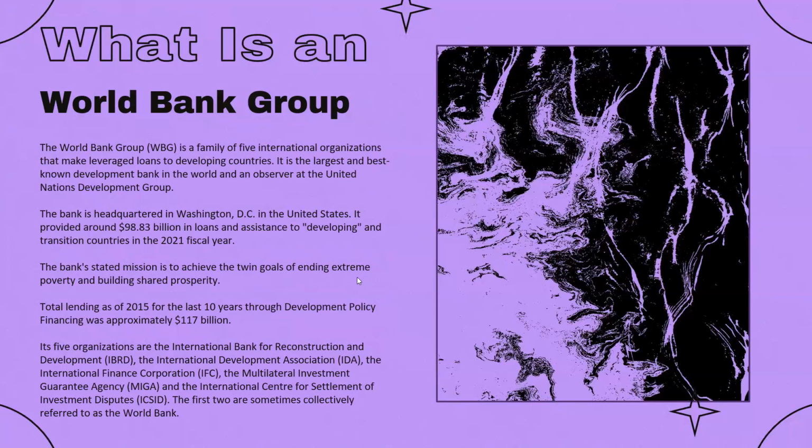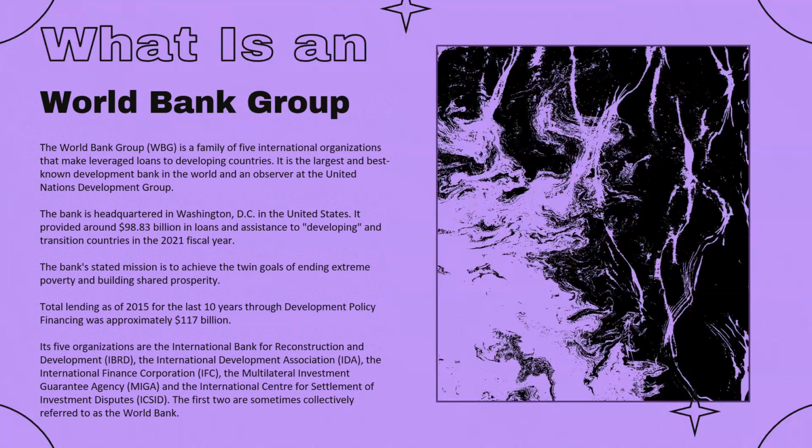World Bank Group, or WBG, is a family of 5 international organizations that make leveraged loans to developing countries. It is the largest and the best known development bank in the world and an observer at the United Nations Development Group. So the bank is headquartered in Washington, D.C. in the United States.